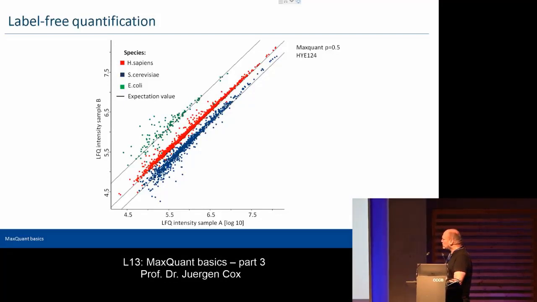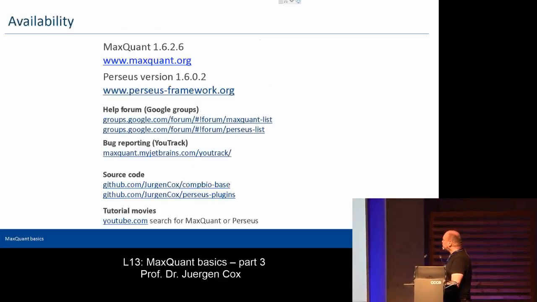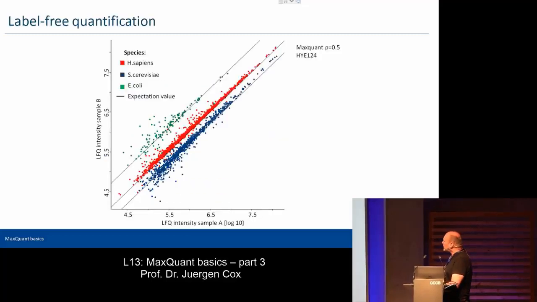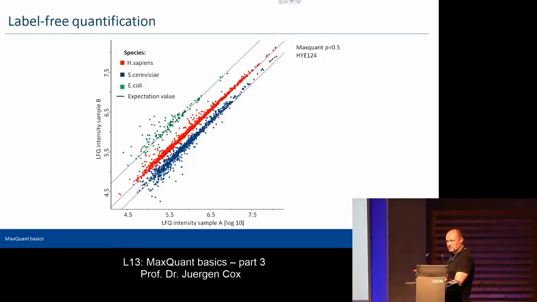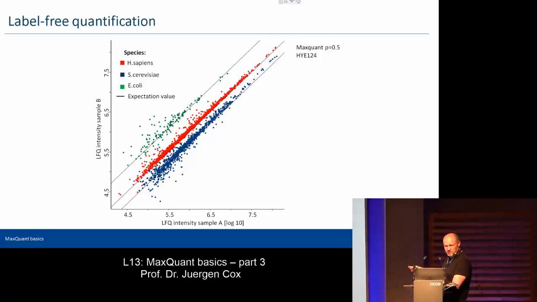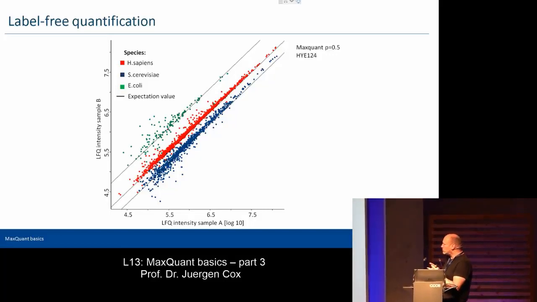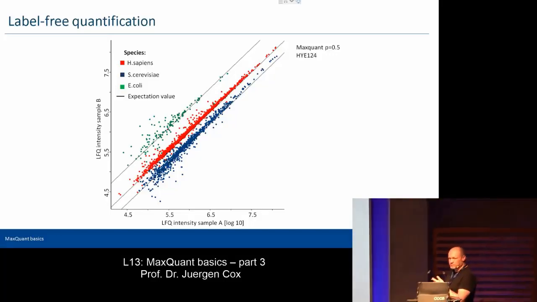Right, so what is not working yet is MS1 label quantification. That will also come at some point, for example SILAC or something. But in the current MaxQuant version, that is not working yet, coming at some point. Okay, so let me say something about availability of this feature, ion mobility. It is available, and it's running well. As I said, you can do label-free quantification, you can do TMT.